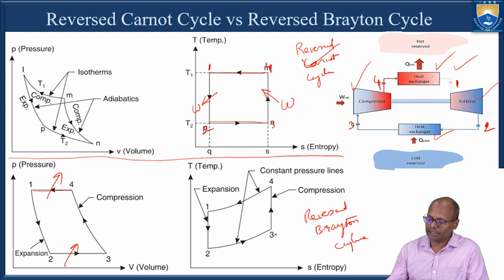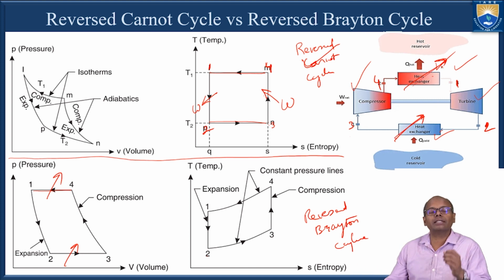From 2 to 3, this is called the evaporator, and this is called the condenser, if there is a phase change, as in the case of a vapor compression refrigeration cycle.